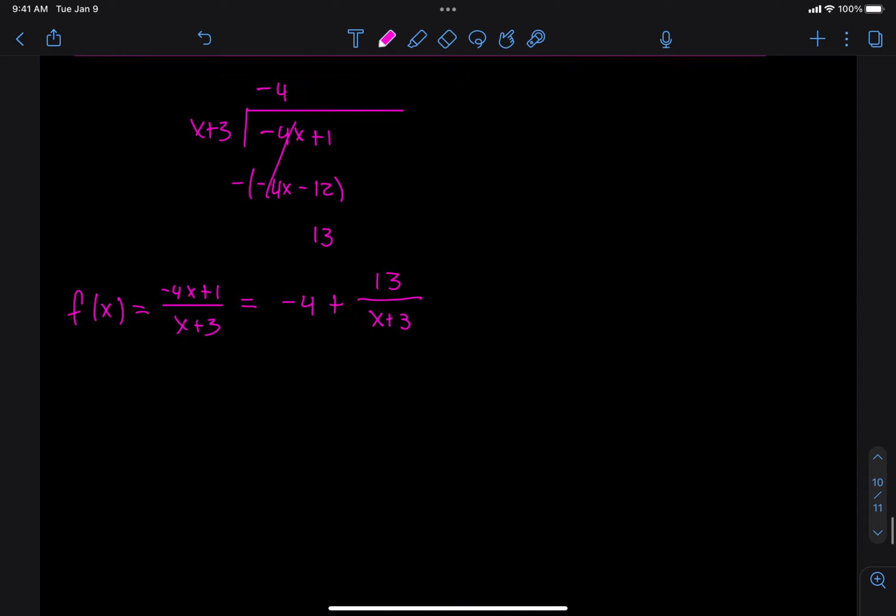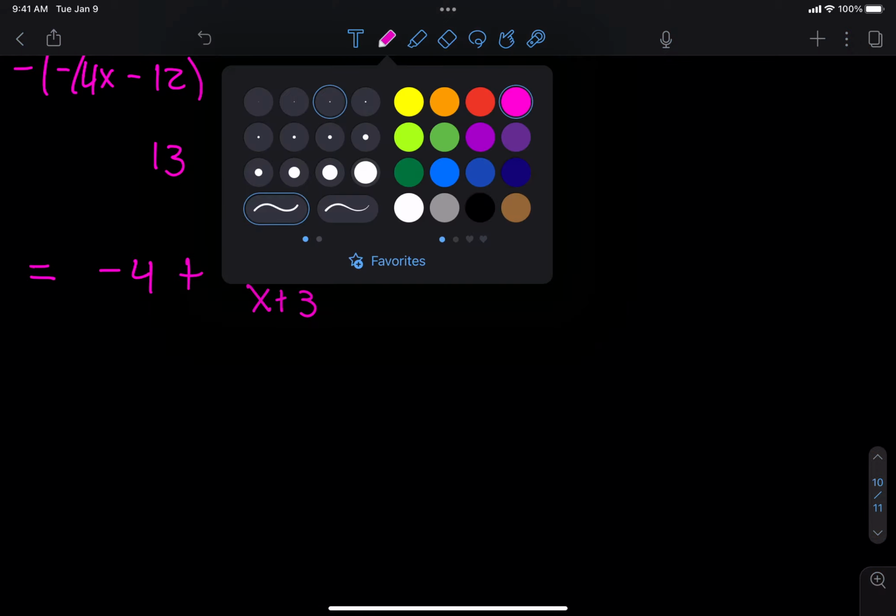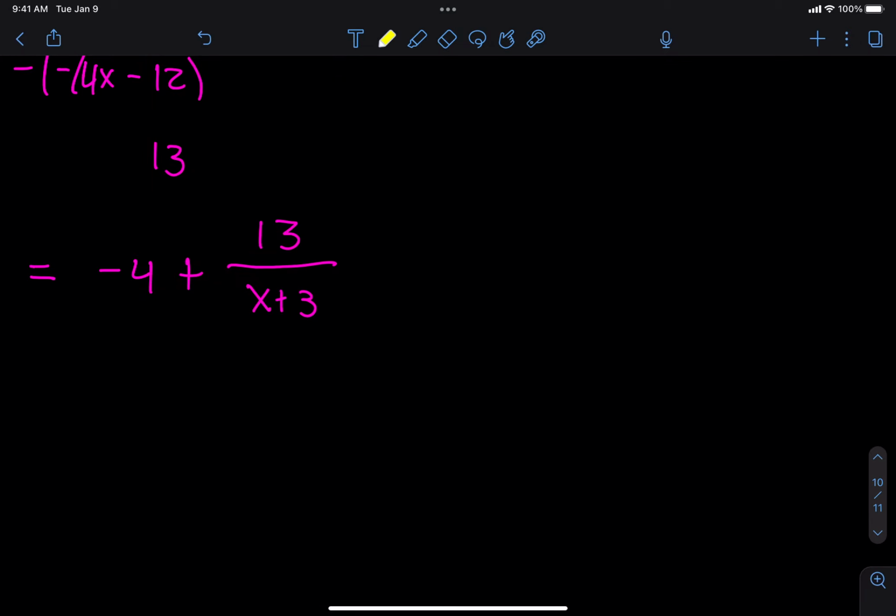What are the transformations that are present here? Let's list them. Someone give me one. What did I have to change about 1 over x in order to turn it into this? I have a vertical stretch by a factor of what?